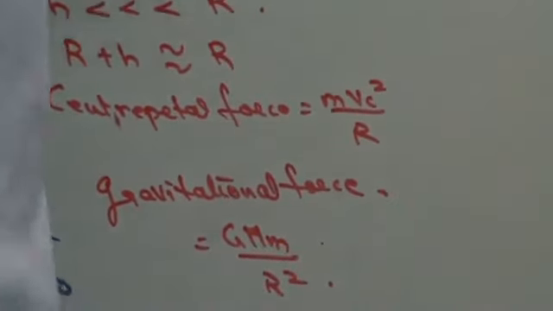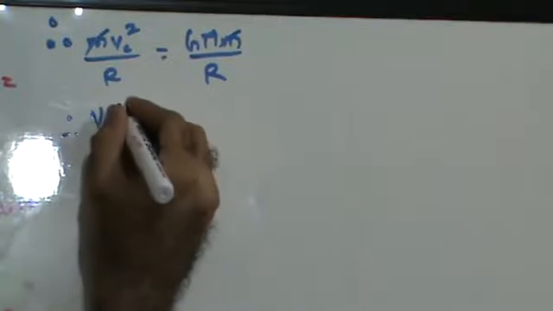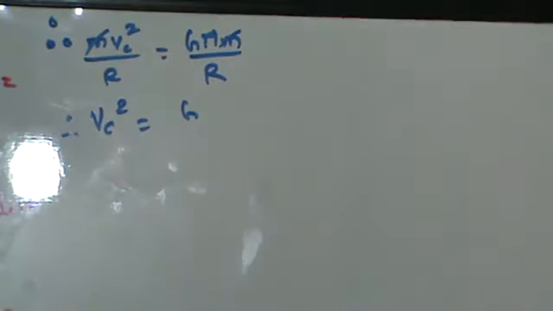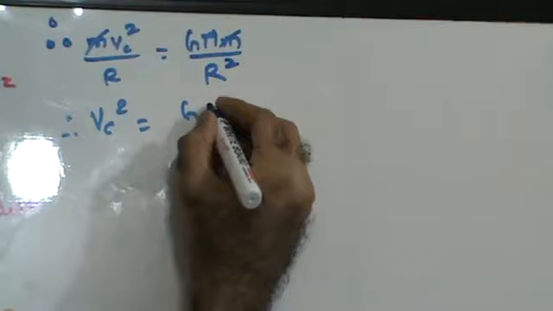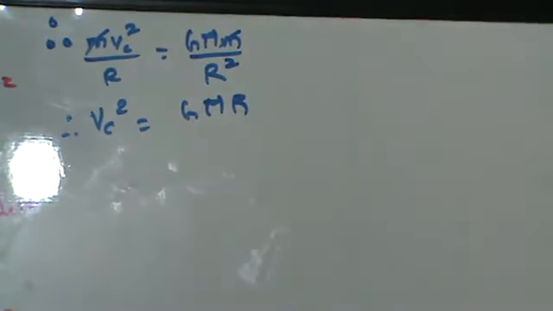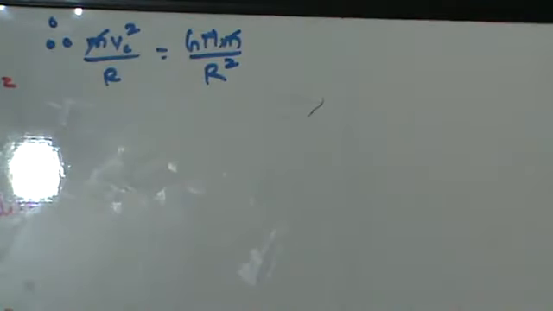Since centripetal force is provided by the gravitational force, mVc square by r is equal to GMm upon r square.